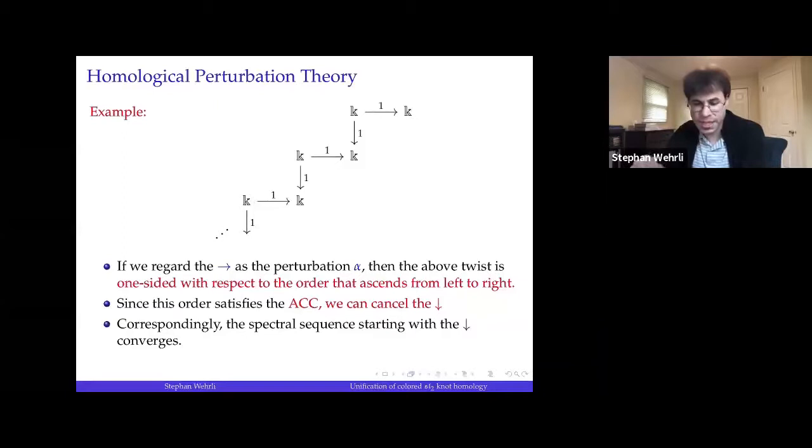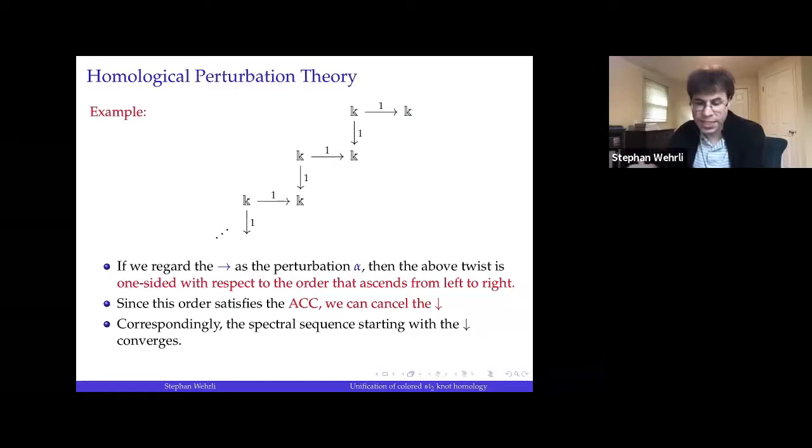And this means that by homological perturbation, we can contract all the vertical differentials and we get a homotopic chain complex. And so we see that the homology of the total complex is just equal to K.